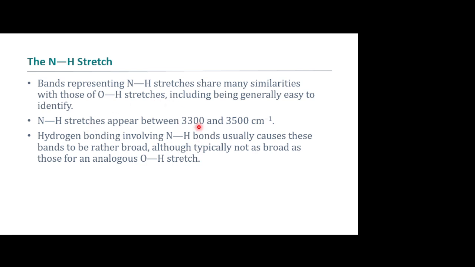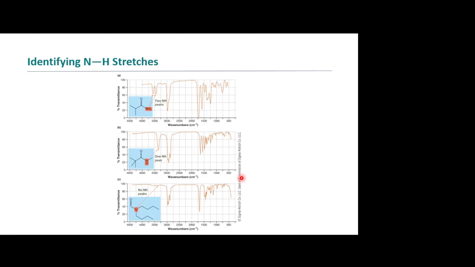Hydrogen bonding involving the NH bonds usually causes these bands to be rather broad, though not as broad as your OH stretches. They're fairly broad compared to the other stuff, but nowhere near as broad as an OH, is it? You see that? Again, they're pretty strong, but not normally quite as strong as the OH. The NH is like the OH's skinnier little brother or little sister, whichever you want to think.